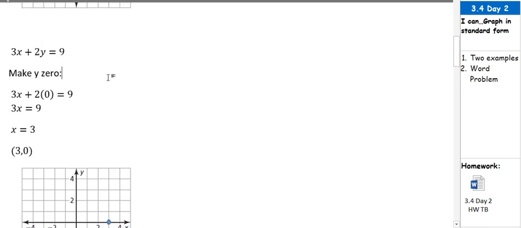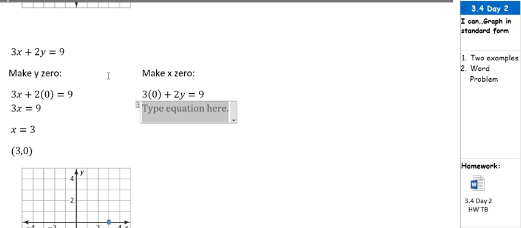Now we're going to do this again, but we're going to make x 0 to get our other intercept. Here I have 3 times 0 plus 2y equals 9. 3 times 0 is 0, so now I have 2y equals 9.